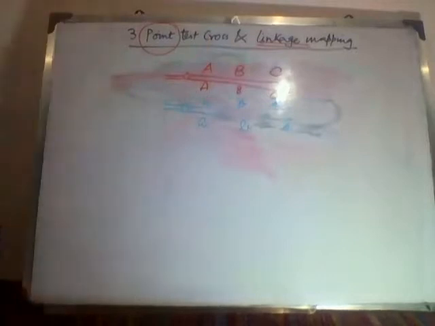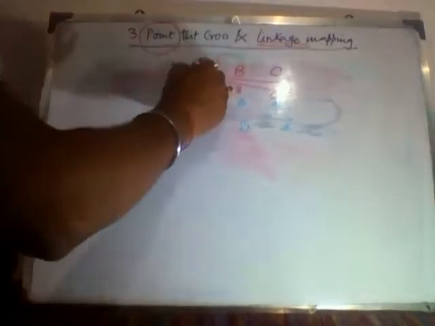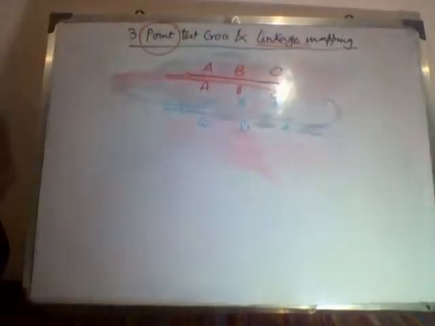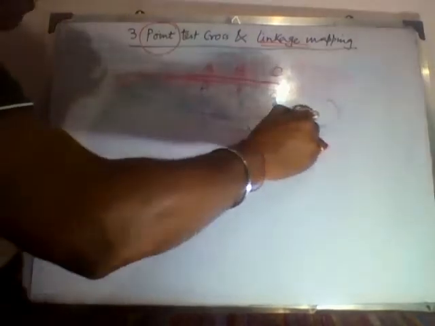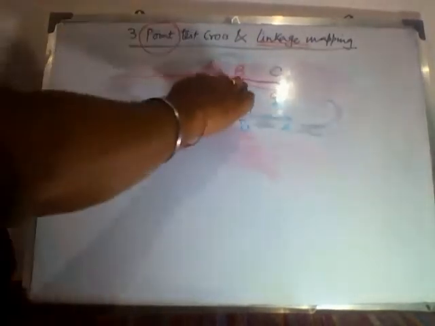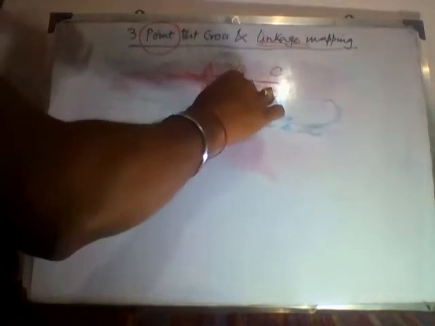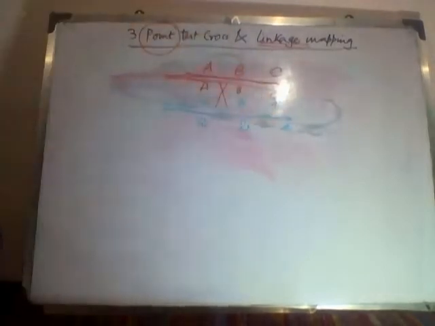During gamete formation, during meiosis, there will be either recombination or no recombination. So if we assume that this chromatid is not participating in any recombination, and in a similar way this chromatid is also not participating, but these two non-sister chromatids are participating in recombination, then what happens? There is a chance that there will be one recombination between these two.